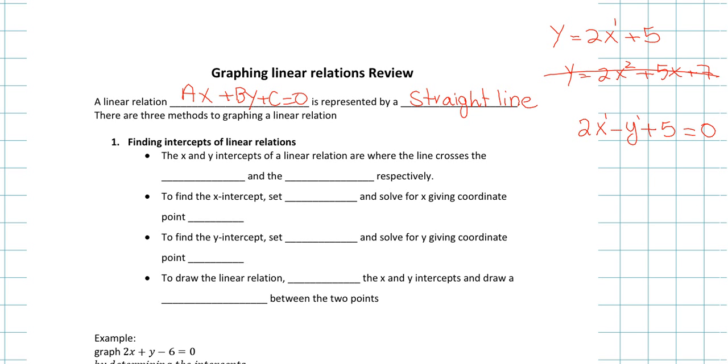Now, here's a line. So this is my x and y. Sorry, that's a y. These are your x and y axis, right? And then if I'm going to draw a line, that's a straight line, yes? You guys agree that this is a straight line?